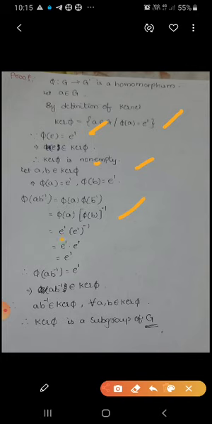Next phi of a equals e dash, phi of b is e dash, whole inverse. So e dash into e dash inverse equals e dash. Phi of a b inverse equals e dash. So that implies a b inverse belongs to kernel phi, for all a, b belongs to kernel phi. Therefore, we know that kernel phi is a subgroup of G.